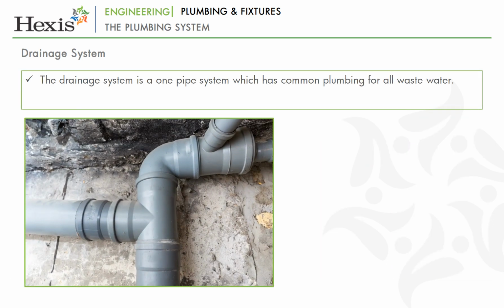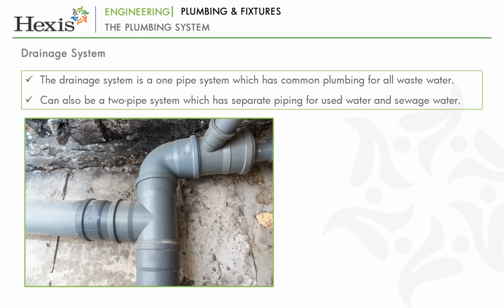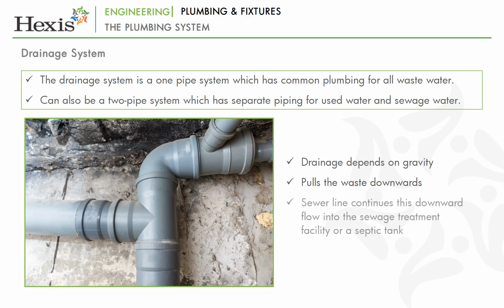The drainage system will be a one-pipe system which will have common plumbing for all wastewater, or a two-pipe system which has separate piping for used water and sewage water. The drainage depends on gravity to pull the waste downwards as the pipes are all angled downward. The sewer line then continues this downward flow into the sewage treatment facility or a septic tank.